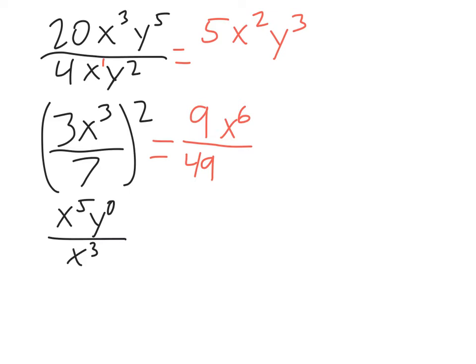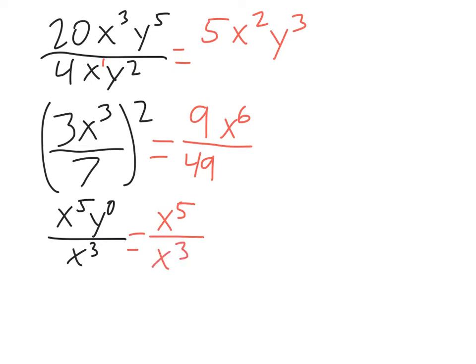In this problem, we have x to the 5th times y to the 0 power over x cubed. So, remember, anything to the 0 power is 1. So, in this case, if this is to the 0 power, it's 1. So we say x to the 5th stays x to the 5th over x cubed.